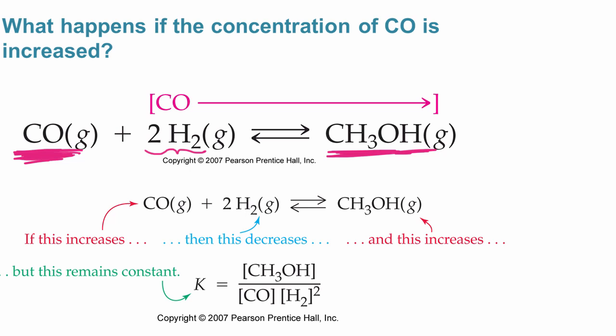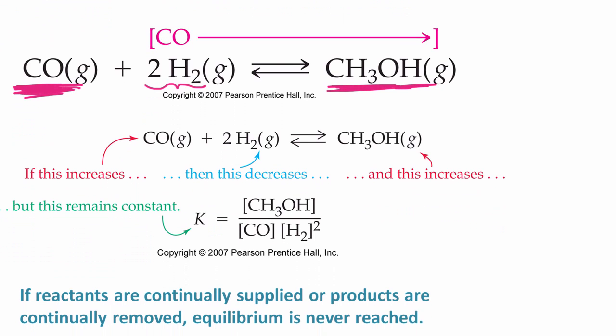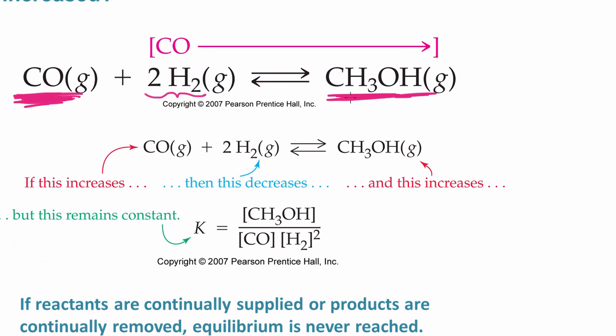Now, here's what we do sometimes in industry. We will continuously remove the product so that the system never reaches equilibrium. So in other words, as long as you don't run out of reactants, then you'll continuously make more product.